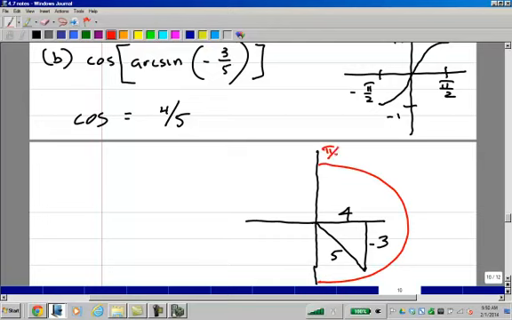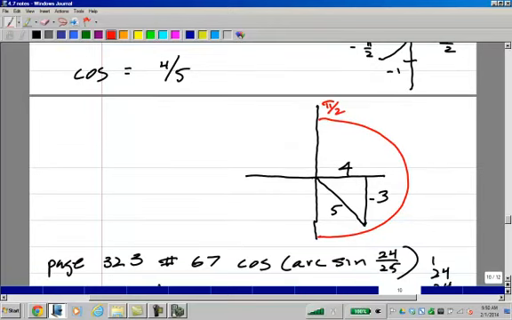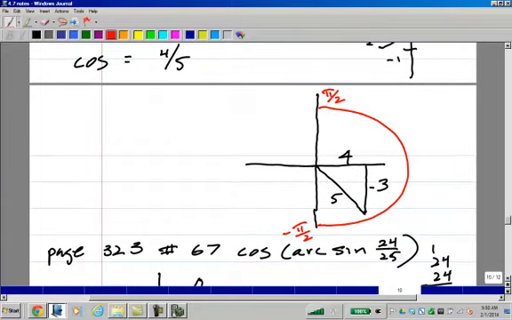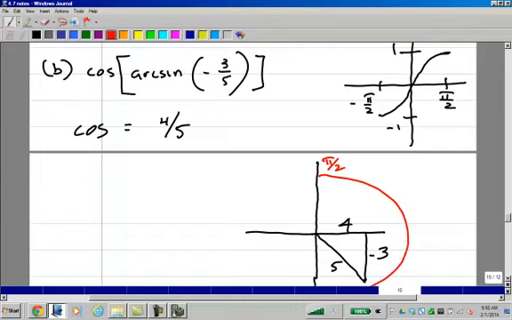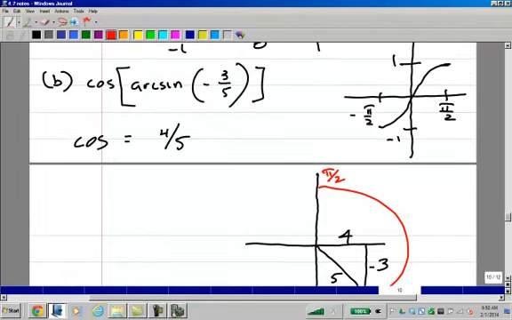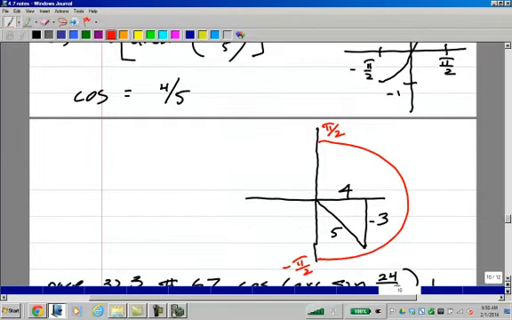Remember, the range for the arcsine is from negative pi over 2 to pi over 2. So the output's got to be restricted. It's restricted to quadrant 1 or quadrant 4. So even though there's 2 different places where the sine can be negative 3/5, it can only be negative 3/5 in quadrant 4 here. If I'm restricted to quadrant 1 and quadrant 4, it has to be here.